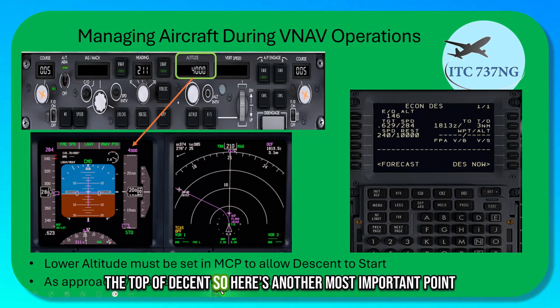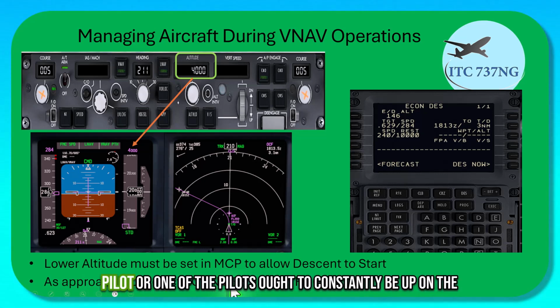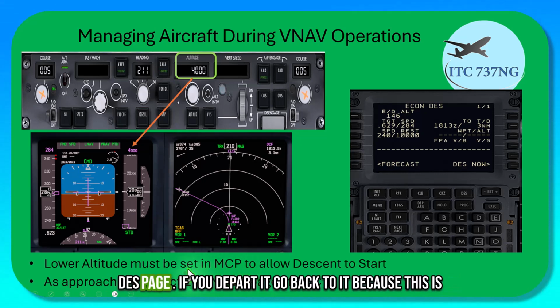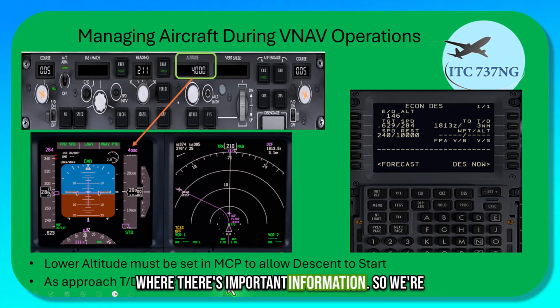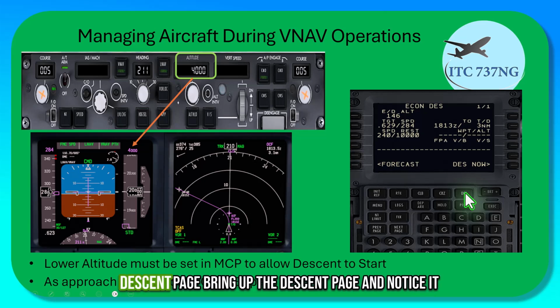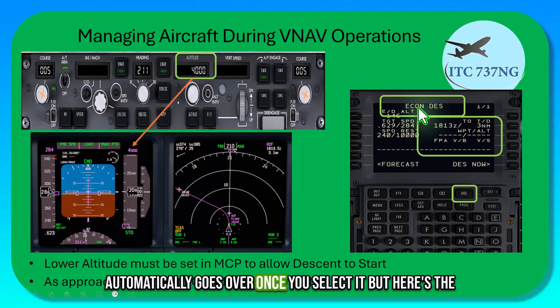So here's another most important point that I want to make, because from here on out, the flying pilot or one of the pilots ought to constantly be up on the descent page. If you depart it, go back to it, because this is where there's important information. So we're approaching the top of the descent. Go over to the descent page. Bring up the descent page, and notice it automatically goes over once you select it.